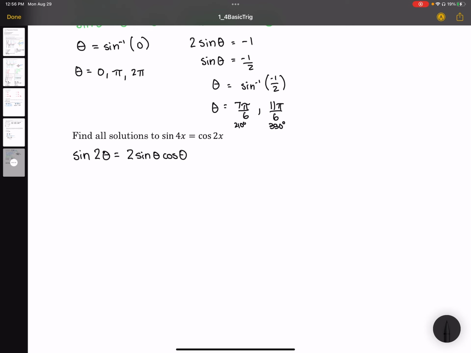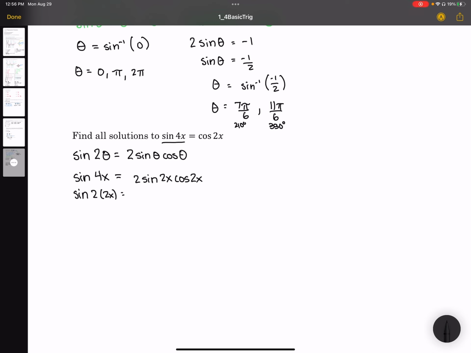So all we have to do is use this to manipulate sine 4x. Remember the sine of a double angle, so sine 4x is the same as sine of 2 times 2x. So we're going to get 2 sine 2x cosine 2x.